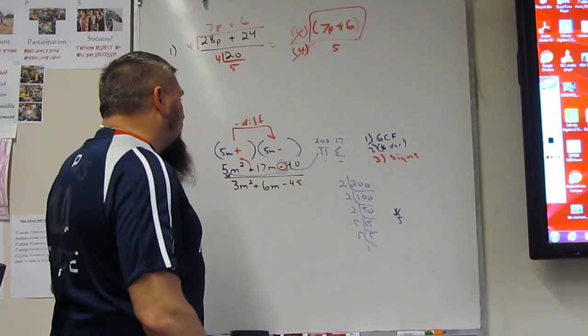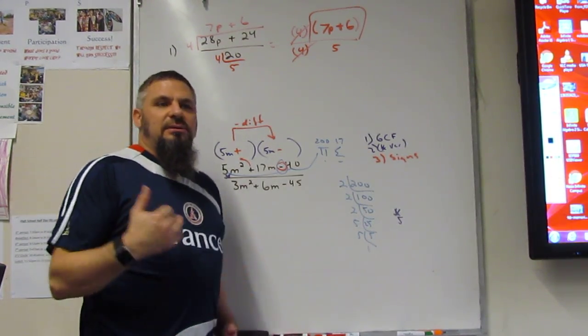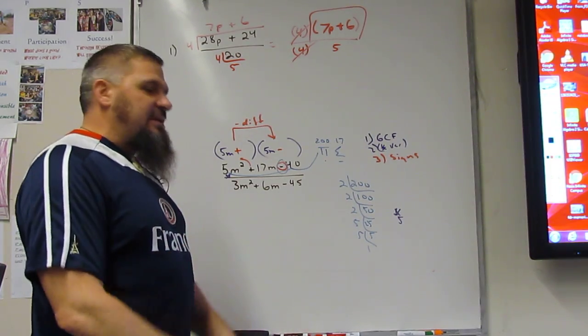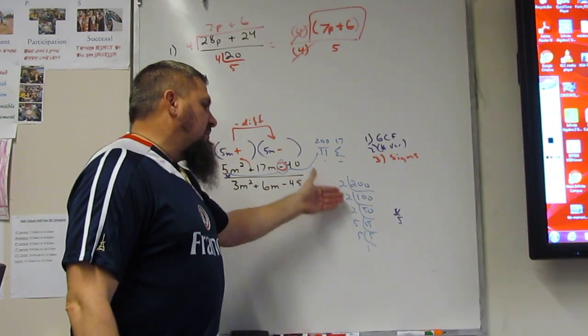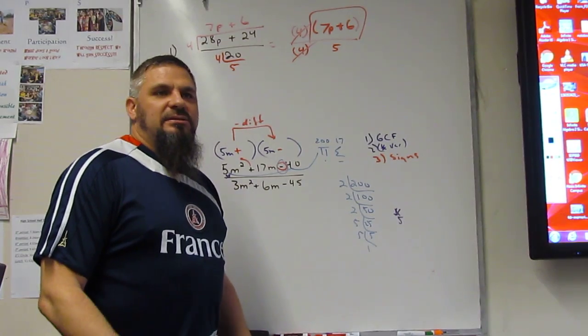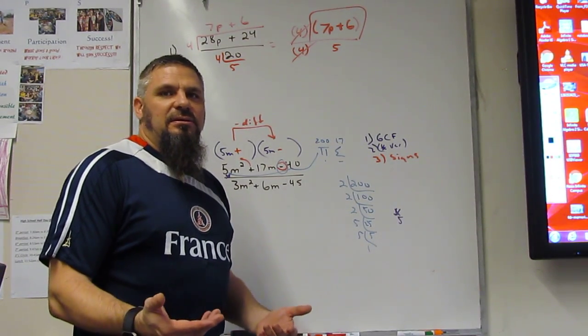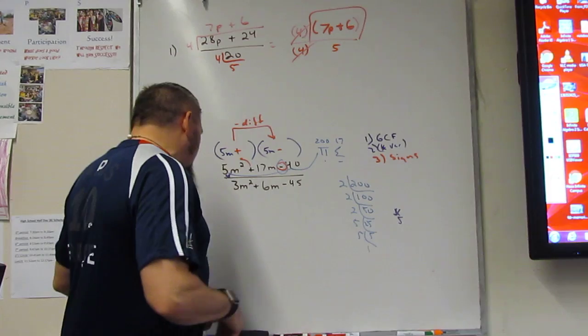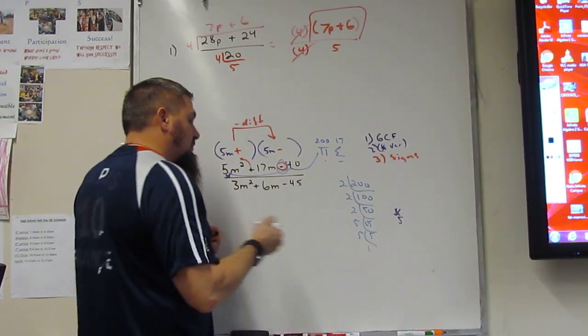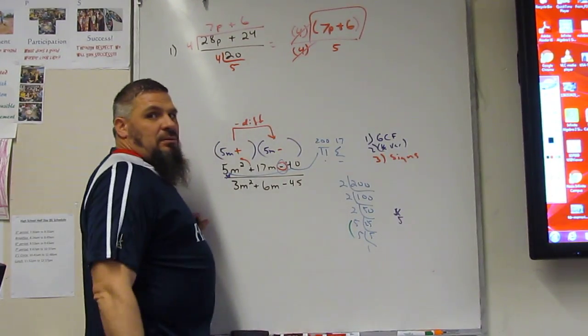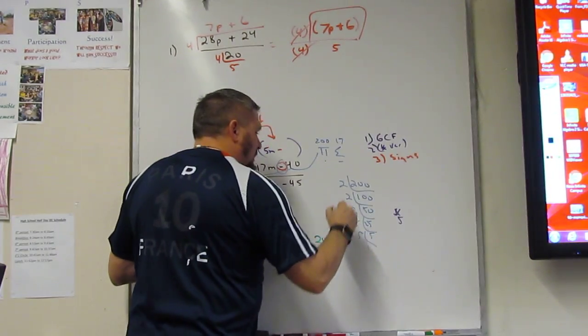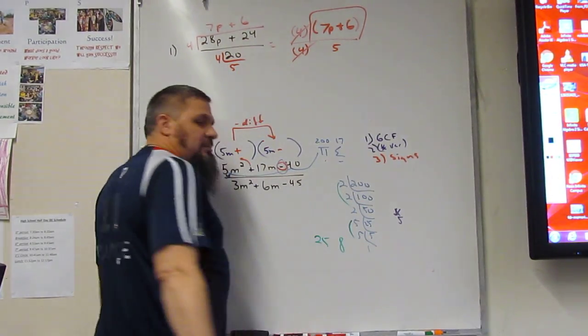Since I want two numbers that subtract to be 17, it's not going to be 10 and 8, because they don't subtract to be 17. So 25 and 8, could that be it? 25 and 8.